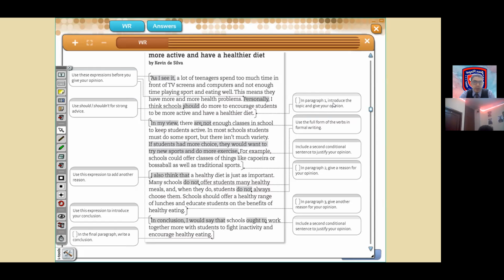And in the first paragraph, I'm going to give you the explanation of what you have to do. In paragraph number 1, you have to introduce a topic and give your opinion. In paragraph number 2, give a reason for your opinion, okay? Let's suppose, I think that, or as I see it, global warming is one of the most dangerous, etc., in the world, etc., and it can affect human life because of this.